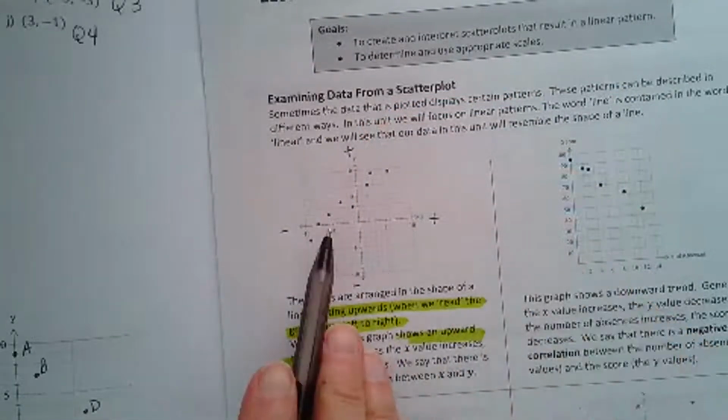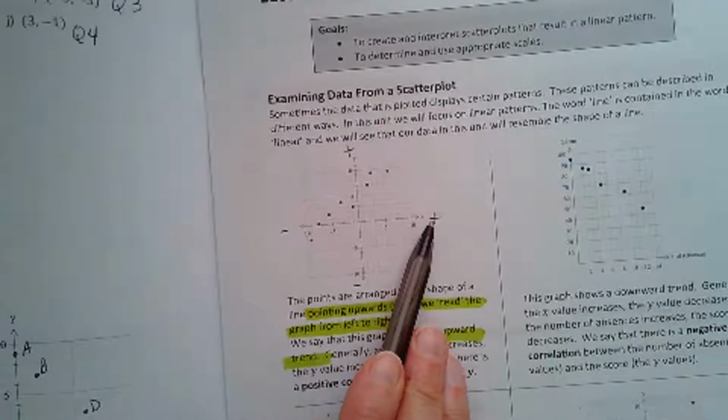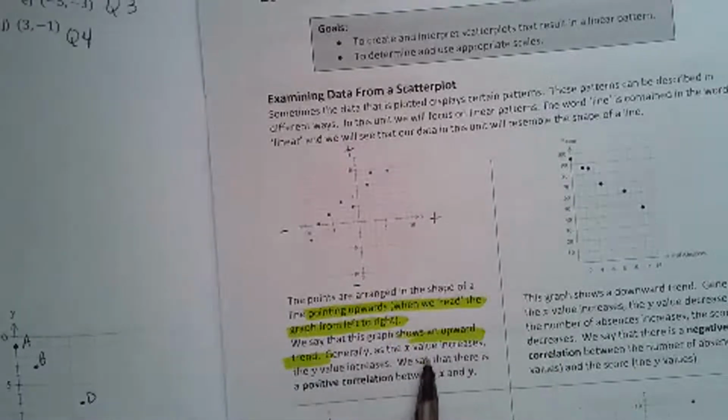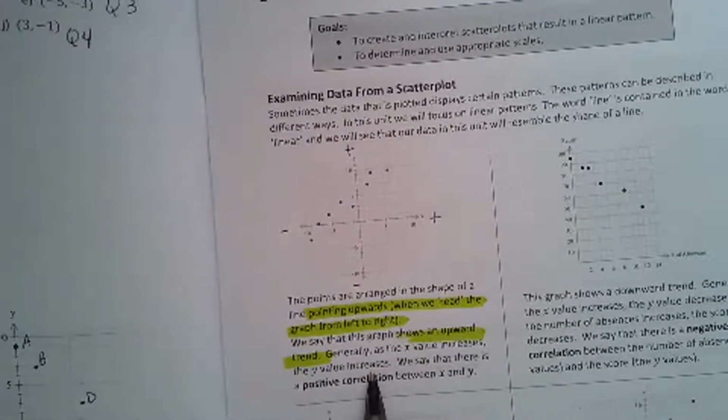So as we're getting larger and larger in x values, as we're moving across the page, we're also getting larger and larger in y. Generally, as the x value increases, the y value increases. We say there's a positive correlation, okay? So if x and y both increase, we say it's a positive correlation.